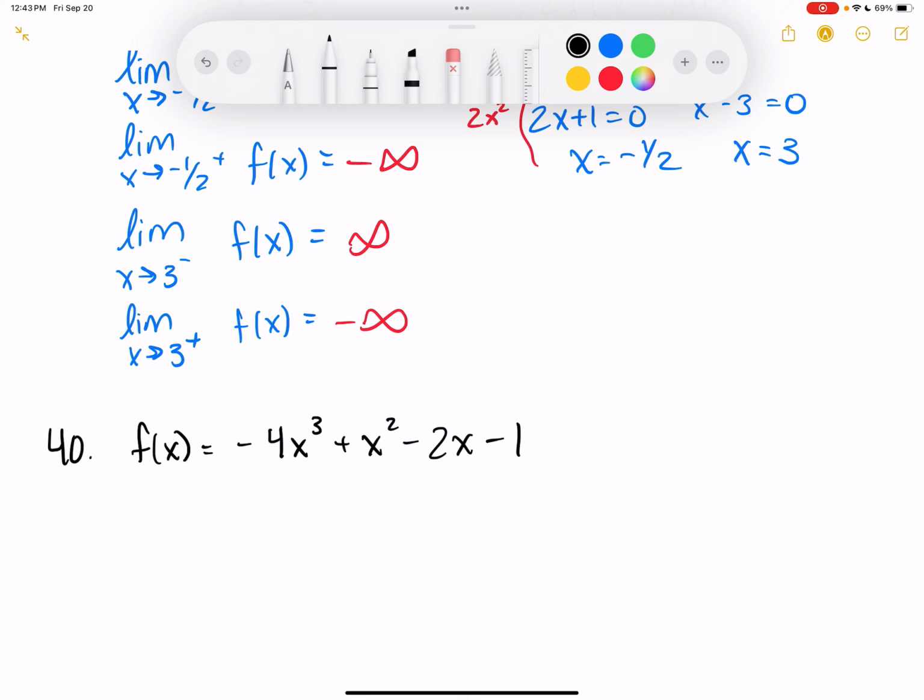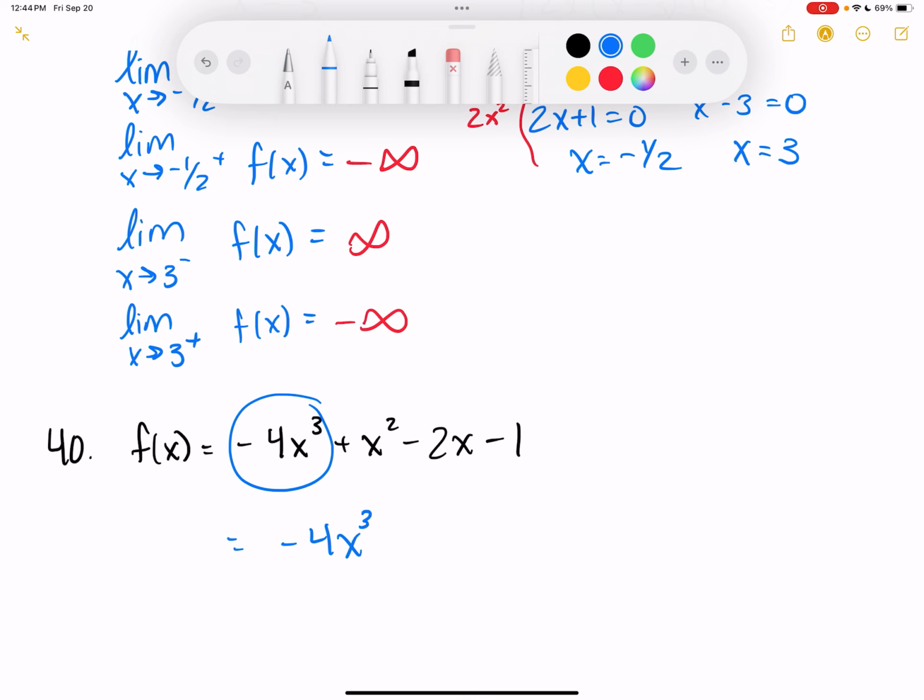When I'm looking for the power function in behavior model, all it's saying is, if it's a fraction, a rational expression, I'm looking at the highest powered whole term, top and bottom, and writing them over top of each other. In this case, the highest powered thing, since it's just a single thing, is this negative 4x cubed piece. So my function would be negative 4x cubed.